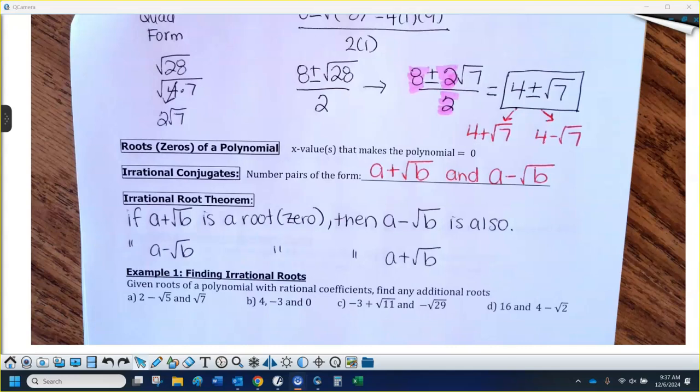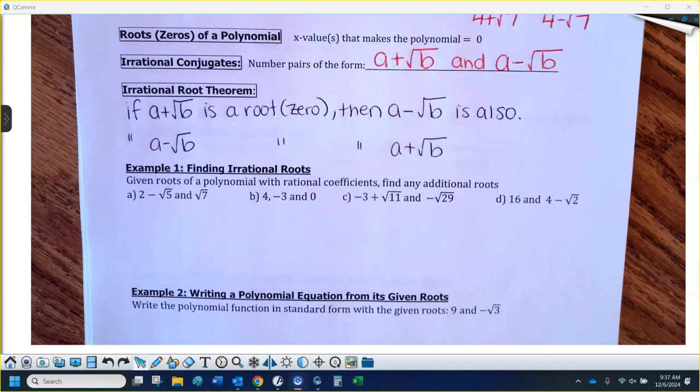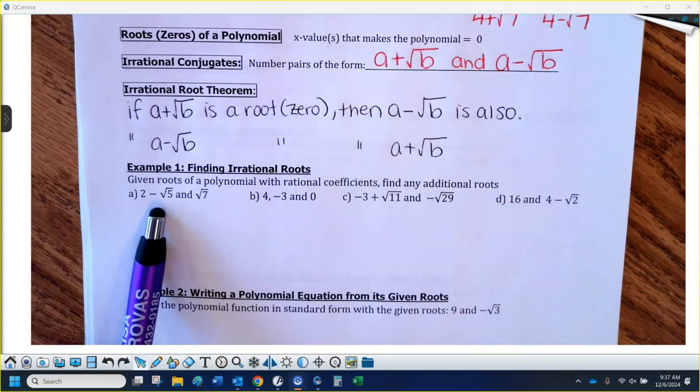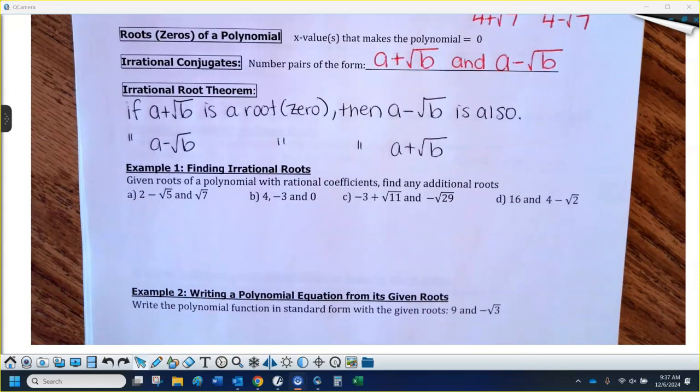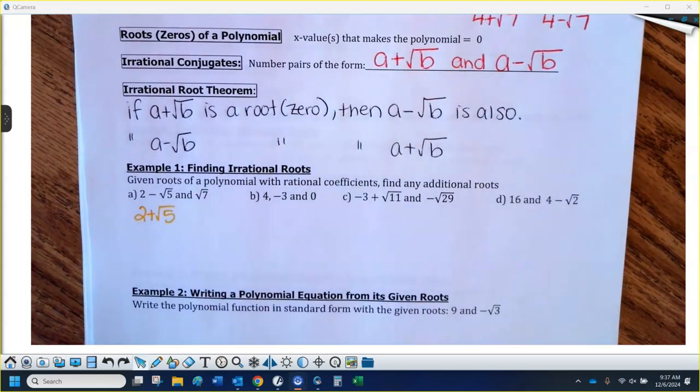So the first example is not terrible. Literally all you're doing is telling me if you know this is a 0, what else would be a 0? Or if this is a root, what also would be a root? So if I have 2 minus the square root of 5, automatically its conjugate is also a root, which would be 2 plus the square root of 5.